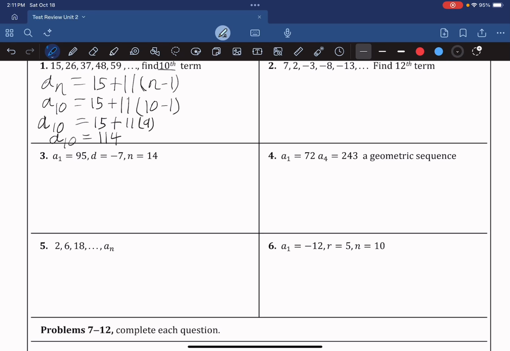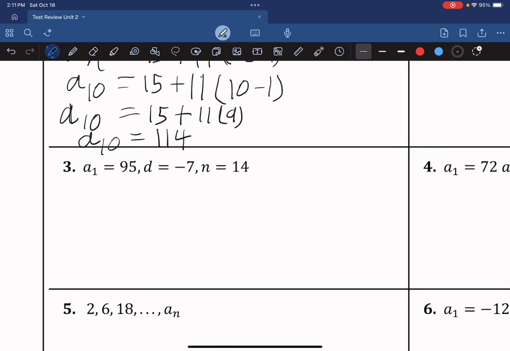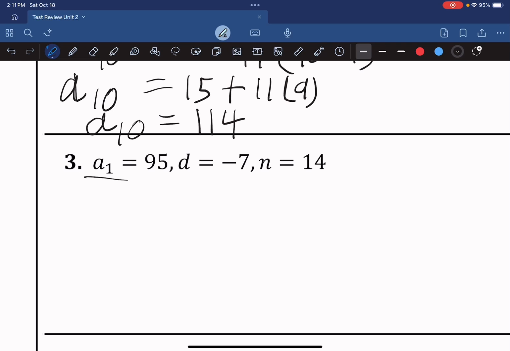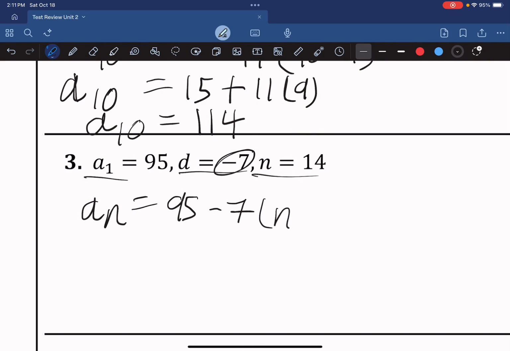So, next up is a question like this. They'll give you your first term, your d, and then the n you want to find. This one is actually probably the easiest format they'll give to you, because all you have to do is a of n equals 95 plus, or I guess it wouldn't be plus here because it's minus, so it'd be minus 7 times n minus 1.